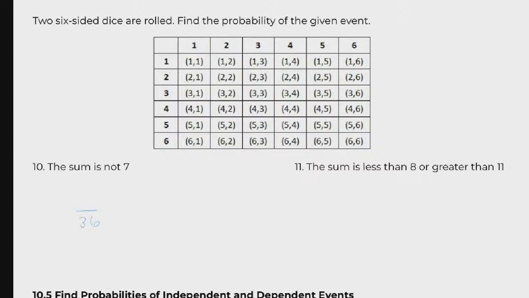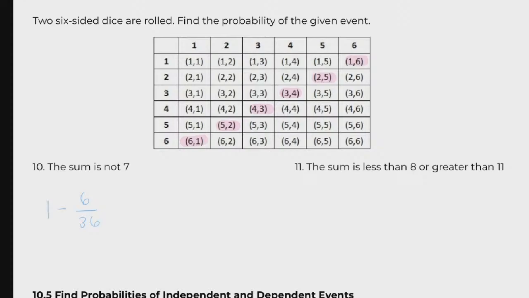Okay, so it says the sum is not 7. There are two ways you can do this. You can count the ways that it doesn't add up to 7, or you can count the ways that it does add to 7 and subtract it from 1. I'm going to do it that way because I feel like there's a little less to count. These add up to 7 here, and there are 6 of them.